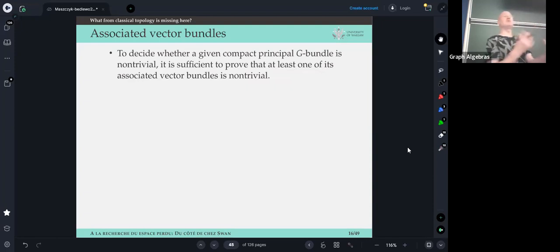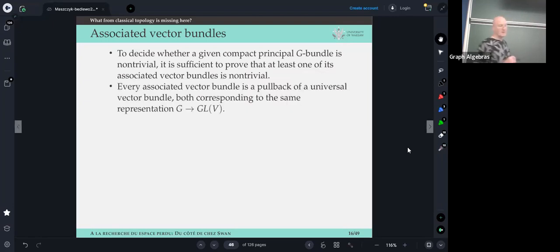If this invariant is non-trivial, then this means that the original principal G bundle was non-trivial. So it can be used to measure non-triviality of topology of the base of this principal fibration, because you know that if the base of the principal G bundle is contractible, then all principal G bundles must be trivial.